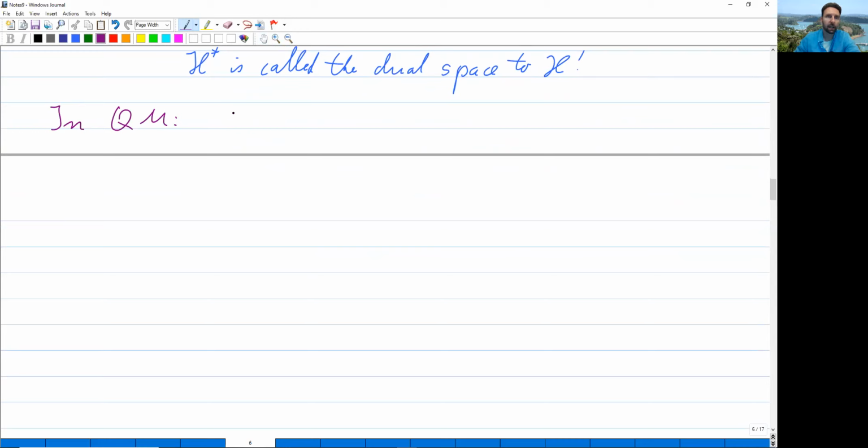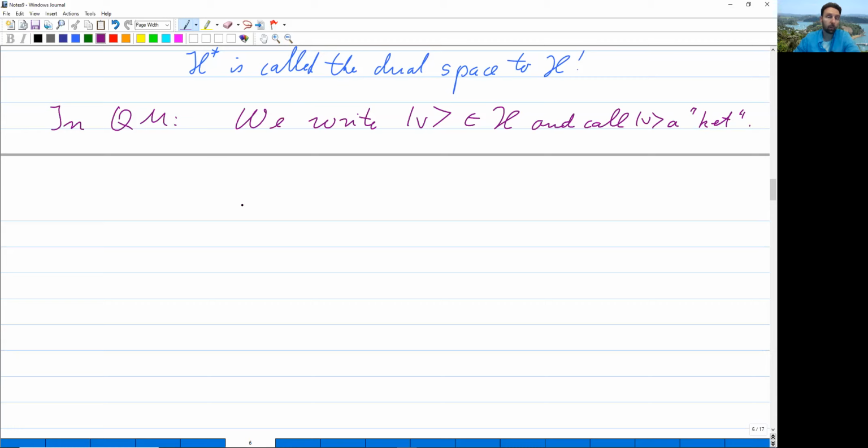So we write V in H. All elements of our complex vector space of states, of initial condition states, V or psi in H, that's what we write. And we call V a ket, or ket vector.